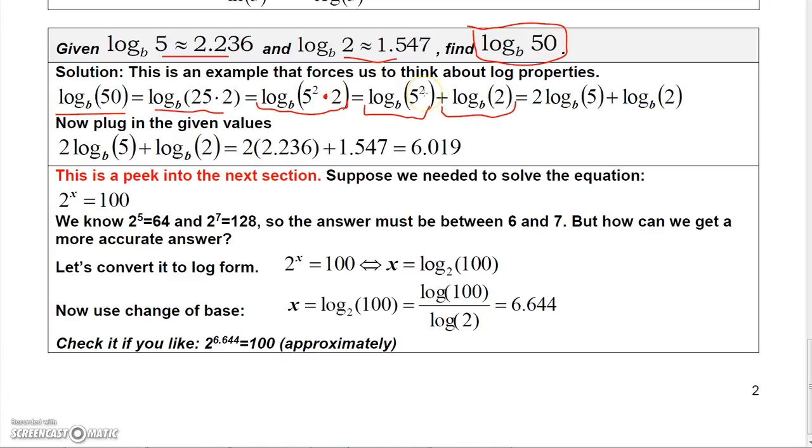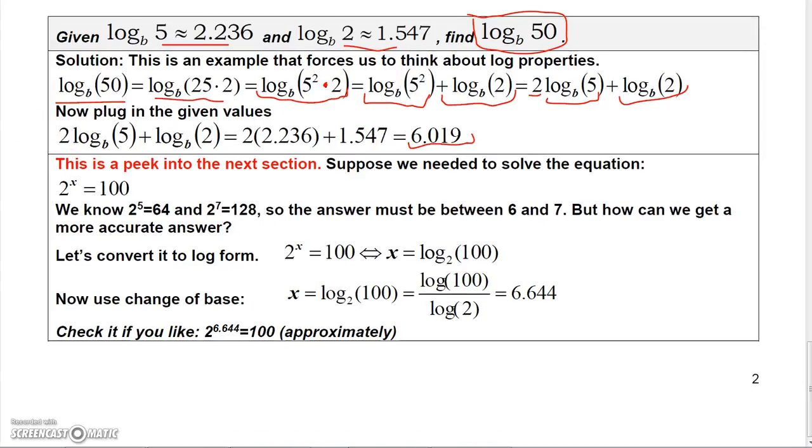And since this is a power, I can use my power property and move the 2 on the outside here and write that as 2 log of 5 base b. Now I know log of 5 base b is 2.236 and log of 2 base b is 1.547, so I can just plug that information in and get 2 times 2.236 plus 1.547, which is 6.019. And again, that's just a little bit of practice.